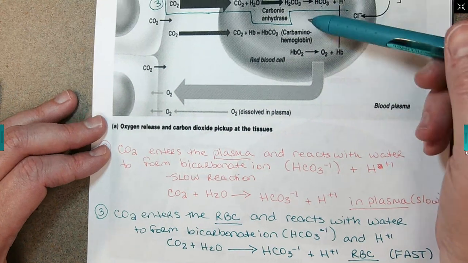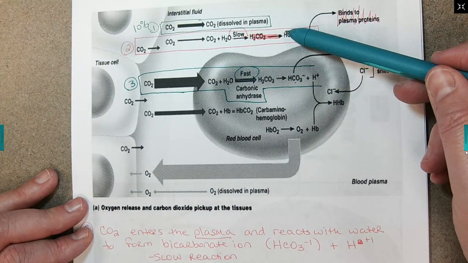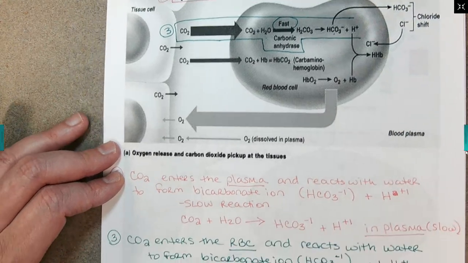So what is the difference? Why is the one that happens inside the red blood cell the fast one, and the one in the plasma is not fast? So what's going on there?